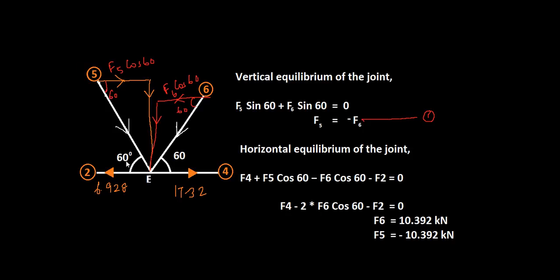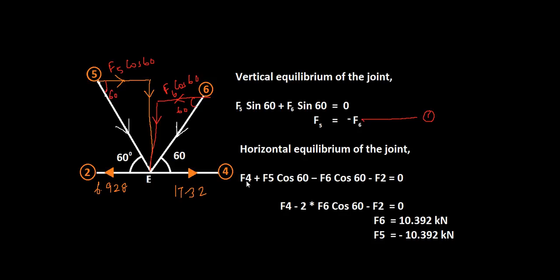These two are taken negative because they are acting in the negative x direction. So you have F4 plus F5 cos 60 minus F6 cos 60 minus F2 is equal to 0. And from that solution, you have F6 equal to 10.392 kilonewton. Because F5 equal to minus F6, we can apply that condition here.